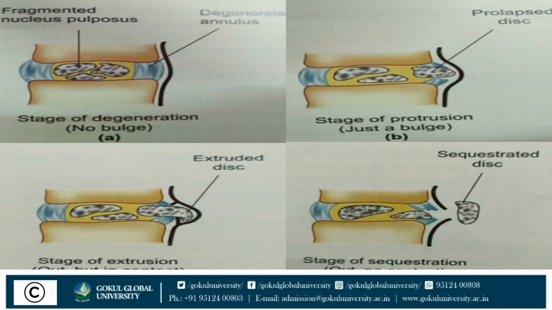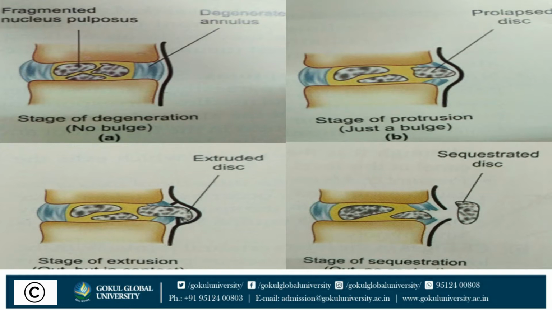Finally, the nucleus comes out of the annulus and lies under the posterior longitudinal ligament. Though it has loose contact with the parent disc, this is called disc extrusion. Once extruded, the disc does not go back.